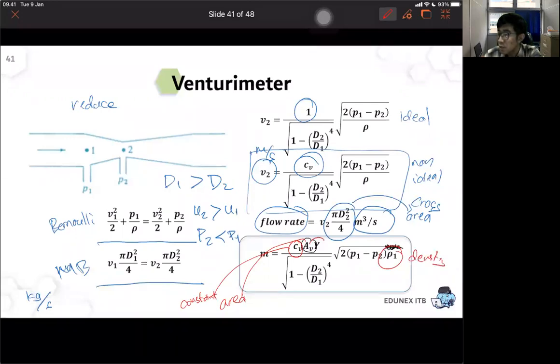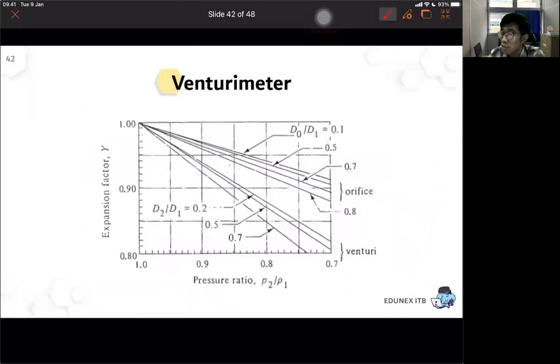What is Y? Actually, for the ideal case you do not need to consider Y, but if you do some real calculation, for the venturi or the orifice, you need this kind of graph. Y is the expansion factor.